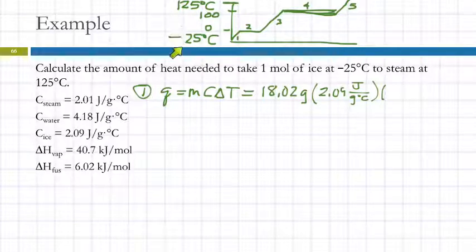This is not the whole range, not 125 minus 25. It's just for this line segment. So this line segment goes from negative 25 up to 0. So here I've got 0 degrees Celsius minus negative 25 degrees Celsius.